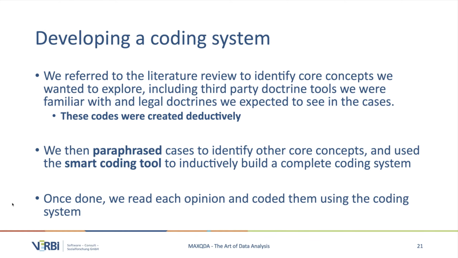We didn't even import them, we just created them using the new code tool. We organized them. We then paraphrased many cases to identify other core concepts, and then we used the smart coding tool to inductively build a complete coding system. After we did that, we had to reorganize the code system as well. We had to clean it up.